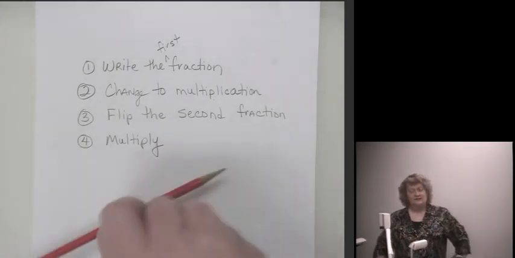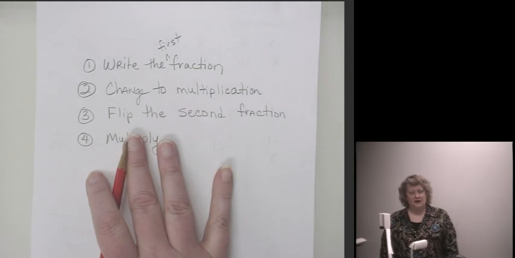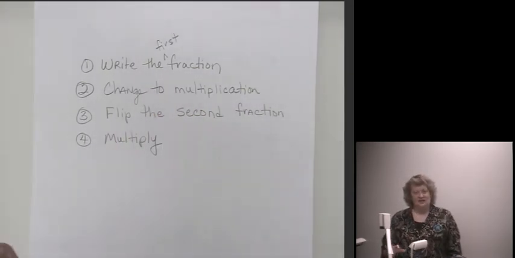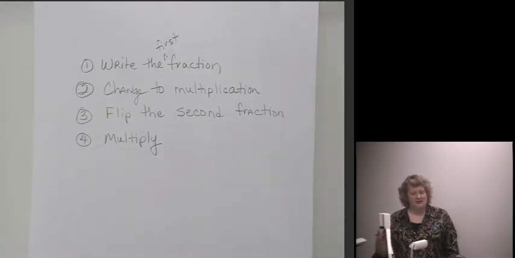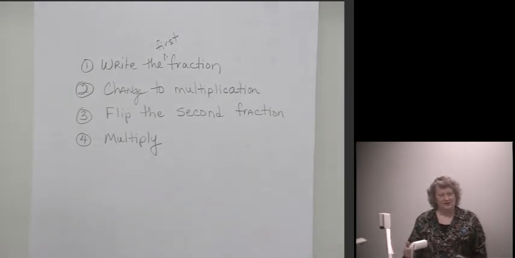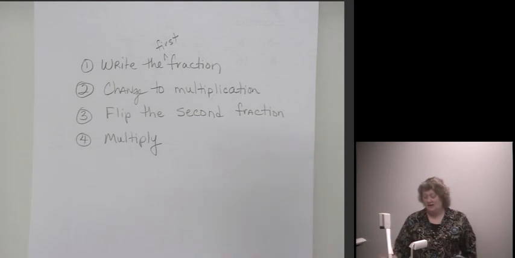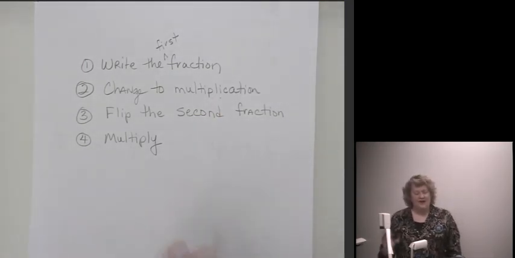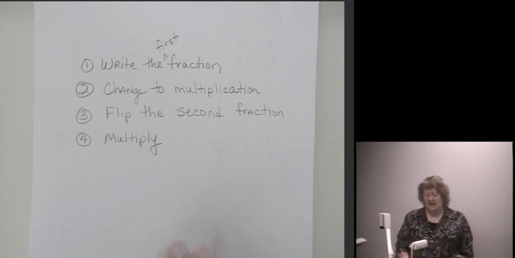And so, since division and multiplication are inverse operations, if we change division into its inverse operation, we need to take the inverse or the reciprocal of that second number so that the operation is the same. That is why we flip the fraction, and that is why we do our division by changing it to multiplication and flipping the second fraction. I hope that helps. These are the steps, and that is our short lesson on division of fractions.